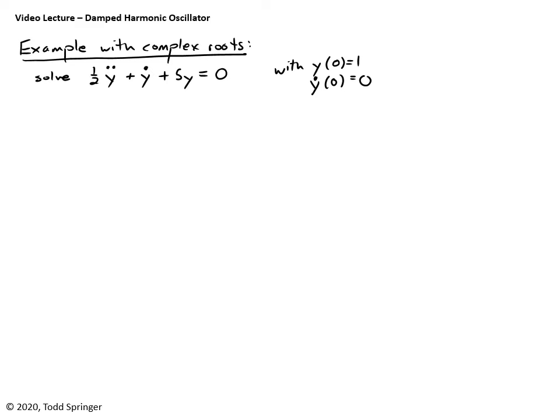So I'm going to do this one a little bit quick. I'll do a lot of steps offline so that I won't take a lot of time with the video. So the first step, of course, is to guess our usual y is equal to e to the rt and plug in. And that gives us our characteristic equation.